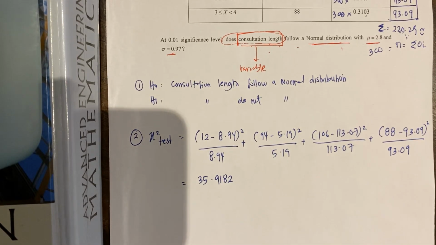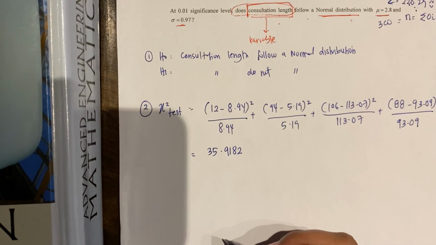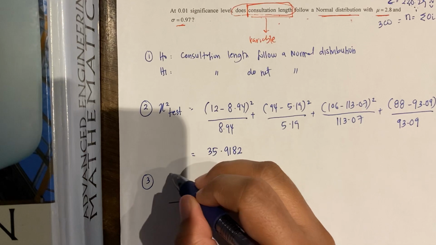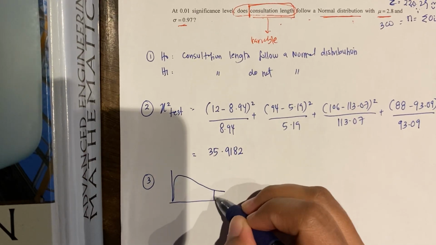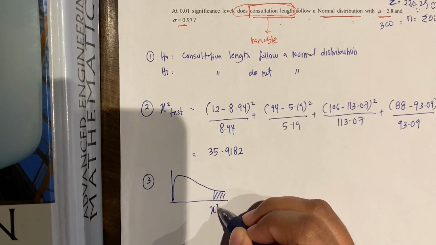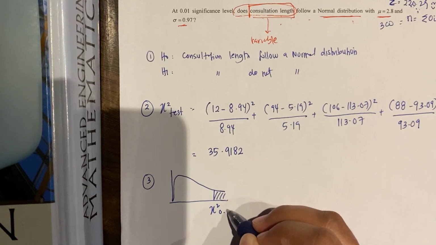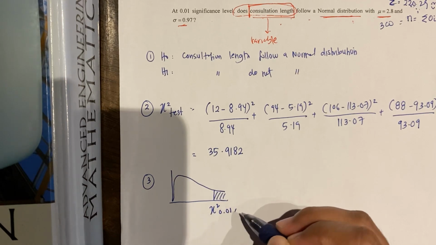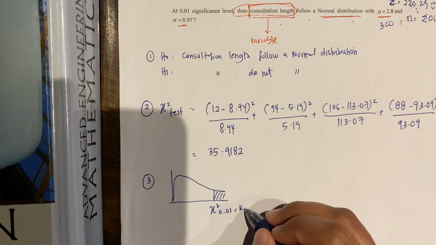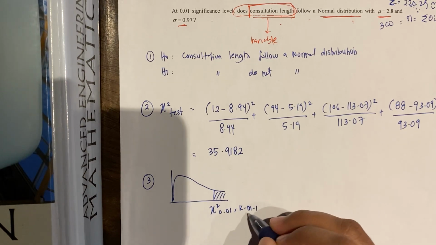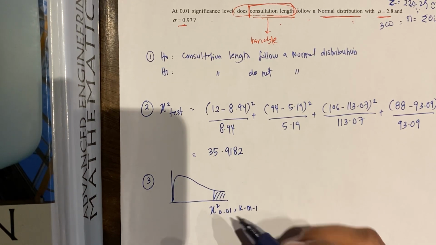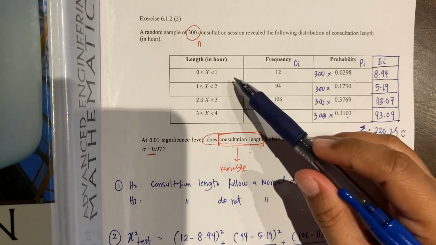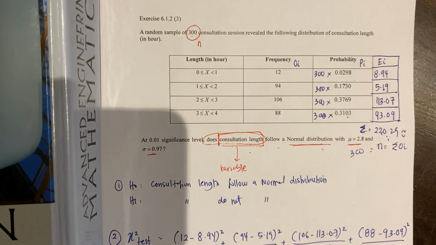The summation of this, we have 35.9182. So step 3, critical value. It is always right-tailed. Chi-square, probability value 0.01, degrees of freedom k minus m minus 1. In this case, k is 4: 1, 2, 3, 4.